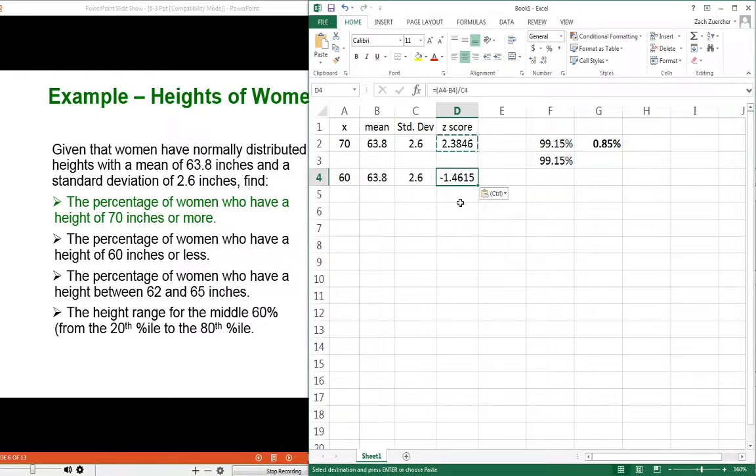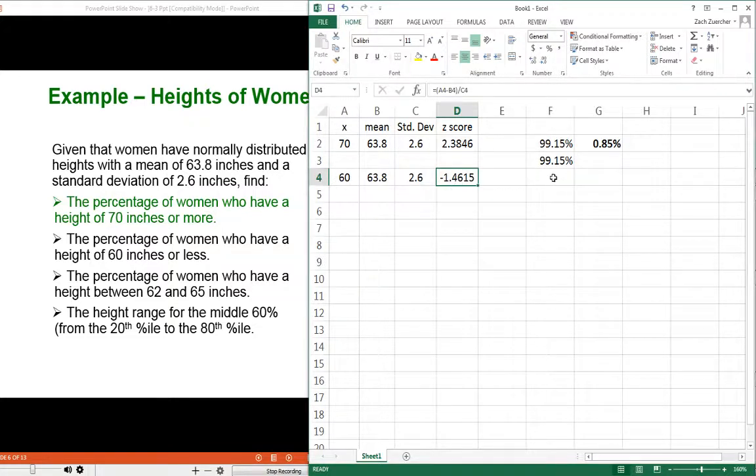Did we expect that to be negative? You bet, because we expected that to be negative because 60 is on the left side of the mean. 60 is 3.8 below the mean. The standard deviation is 2.6. So yeah, it's more than 1 standard deviation below the mean.